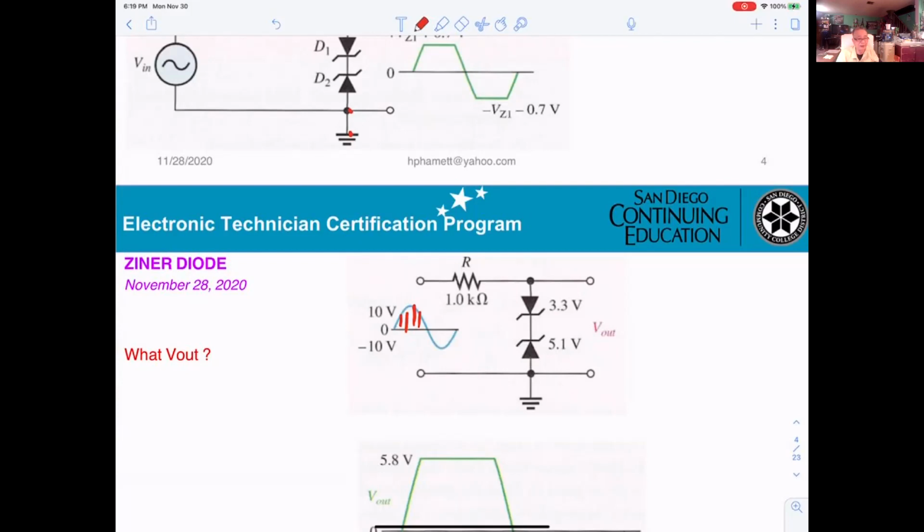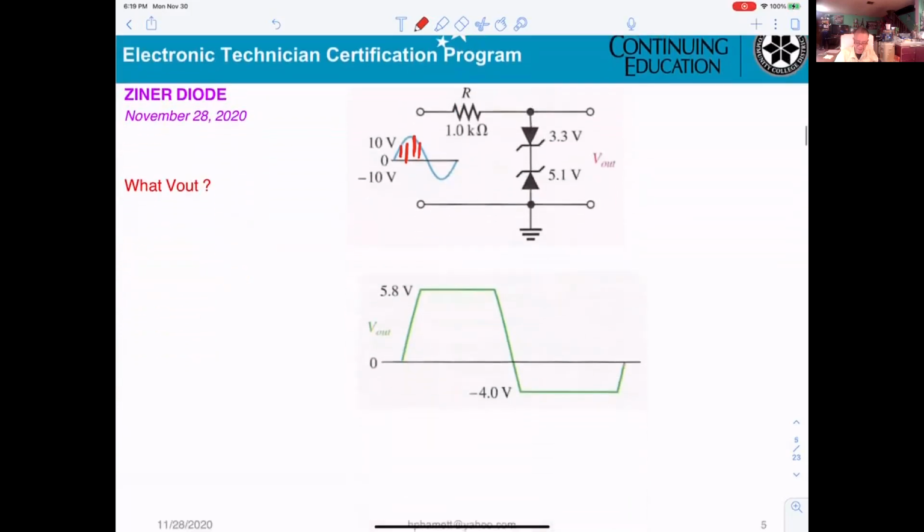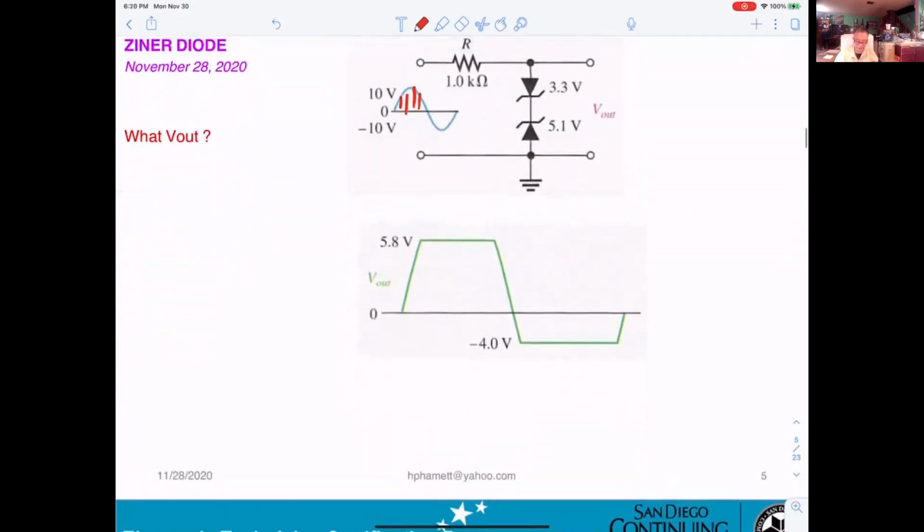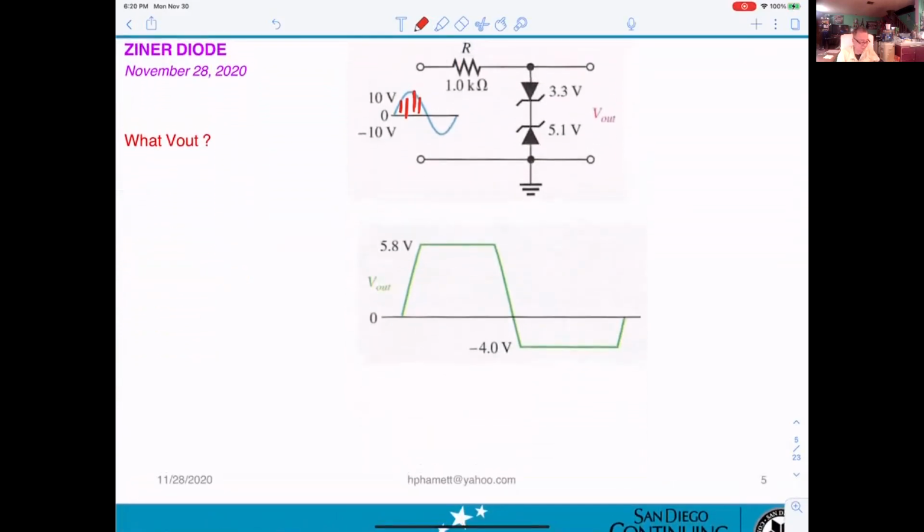That means the first Zener will be breakdown, and the second Zener will be on normally. That means you can get 3.3 plus 0.7. That means you get -4. That's how the output will look like.